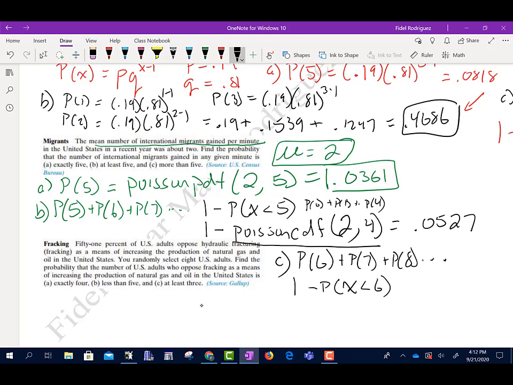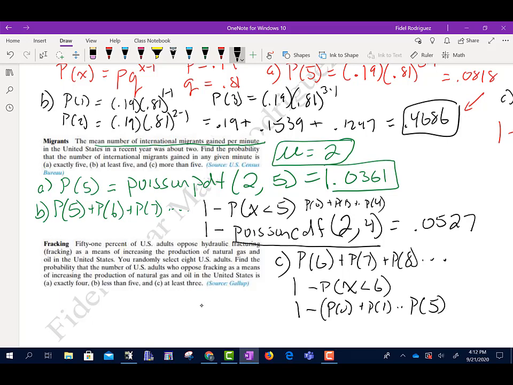Because I want it to be more than 5. So the same thing, more than 5 means 6 or bigger. Okay. So this is going to be 1 minus the probability of 0, of 1, all the way to what, 5?